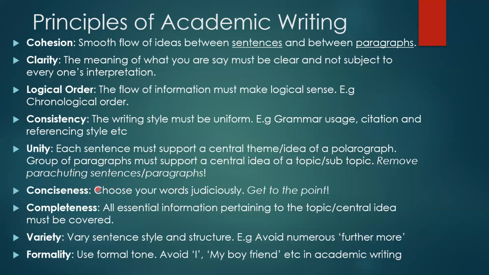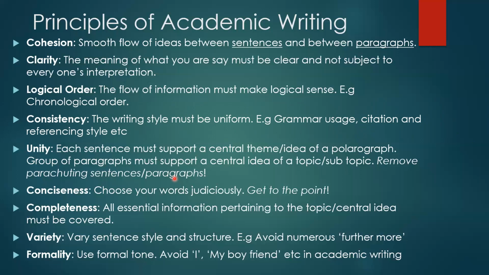Then remove parachuting sentences and paragraphs. A parachuting sentence will be a sentence that is not related to the central theme of a paragraph. Okay, so I know with my master's and PhD students, when I read their paragraphs, I find a lot of parachuting sentences, and I'll tell them that this sentence is not related to the topic sentence.